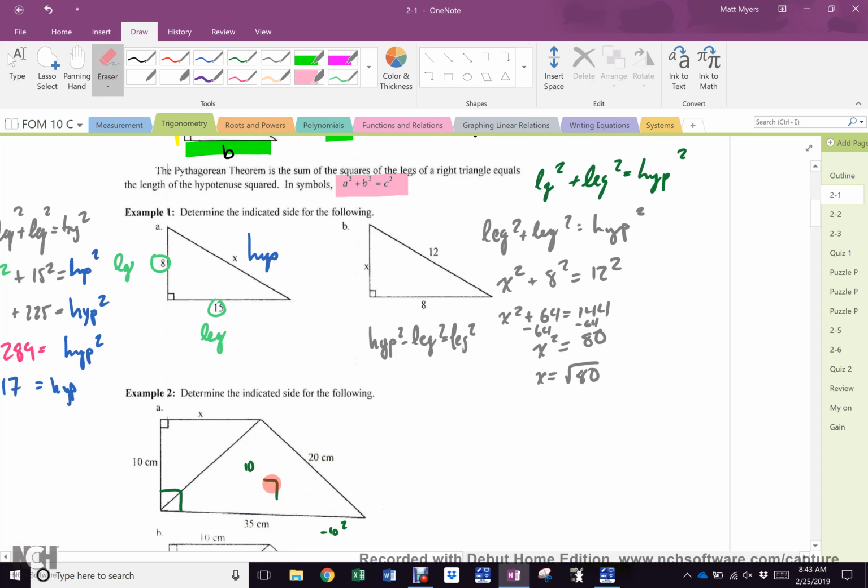I know that the whole line there is 35, so this part must be 35 minus this part, right? Then, because I know this, and I know this is 10, I can find this in the blue triangle, right? And then I can use that answer from the blue triangle to find x in the red triangle. All we're doing is Pythagoras over and over and over again.